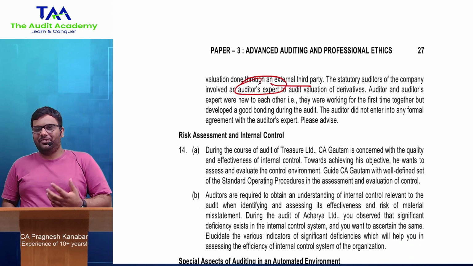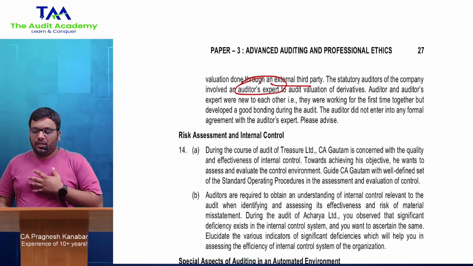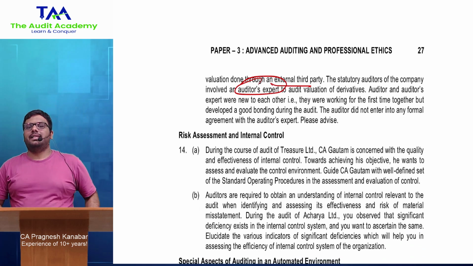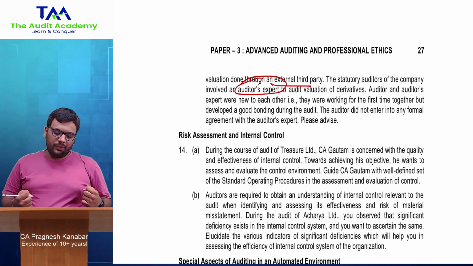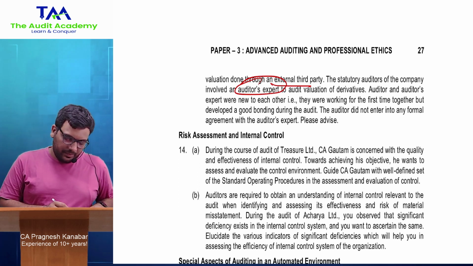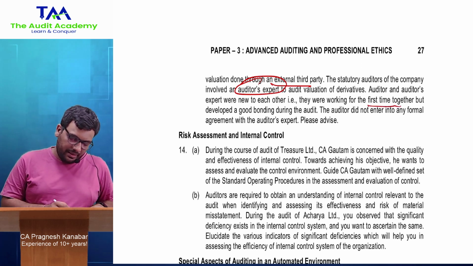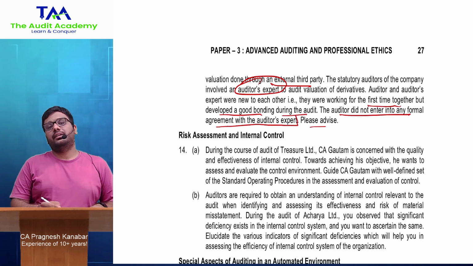I think in the first few lines students would have seen Ind AS, derivative, and then auditor's expert, and they'll be like, yes, I know this, 600 series, SA 620. Auditor and auditor's expert were new to each other, that is, they were working together for the first time but developed a good bonding during the audit. The auditor did not enter into any formal agreement with the auditor's expert. Please advise.